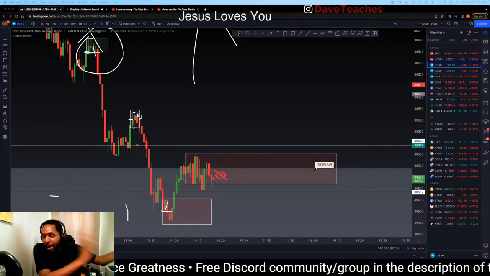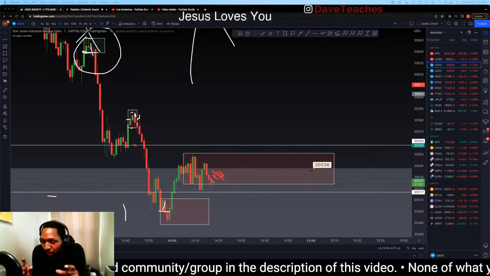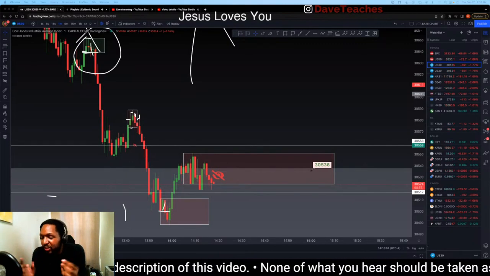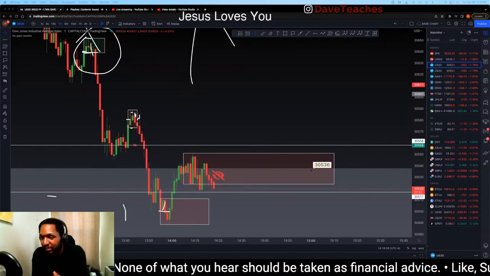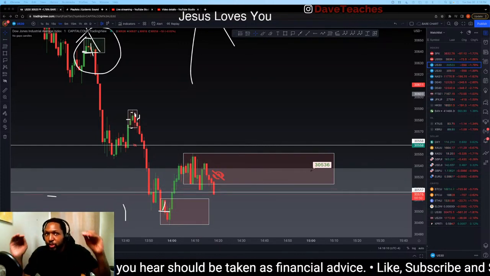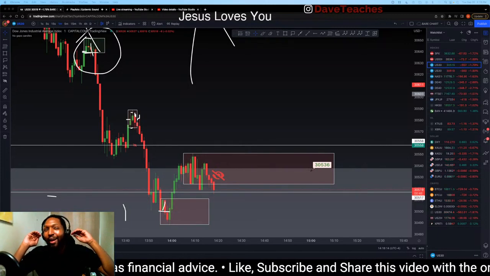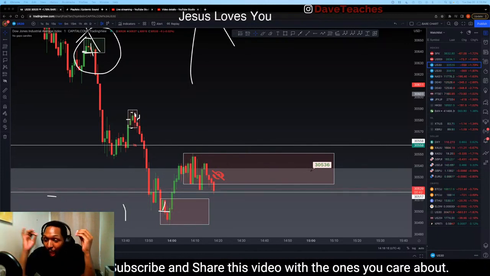It works on everything, every single thing. If you can chart 2 fish and 5 loaves of bread, you better trade that sucker to 5,000, because you can do this on everything.